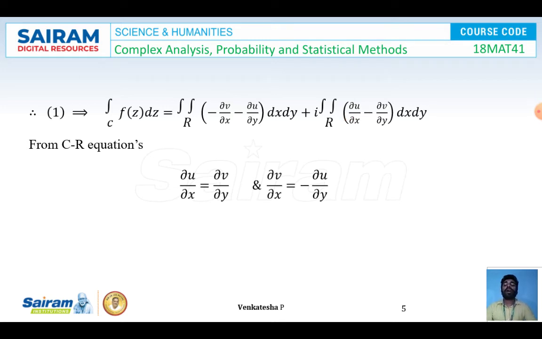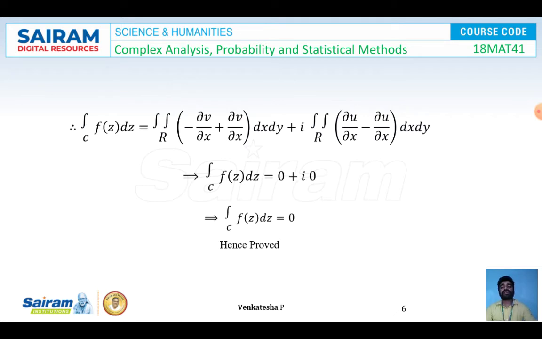Now I am going to use the CR equations to make the equation 0. I'll be using ∂u/∂x is equal to ∂v/∂y. So in this equation, I'm going to replace ∂u/∂x with ∂v/∂y, and here I'm going to replace ∂v/∂x with minus ∂u/∂y. Now after replacing this CR equation in the above expression, we got the expression like this.